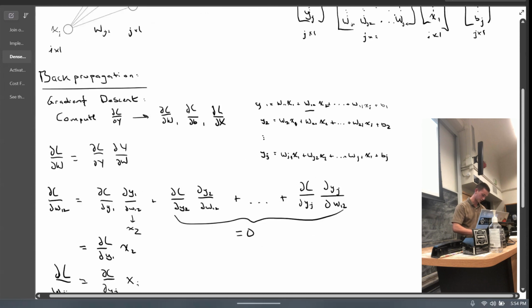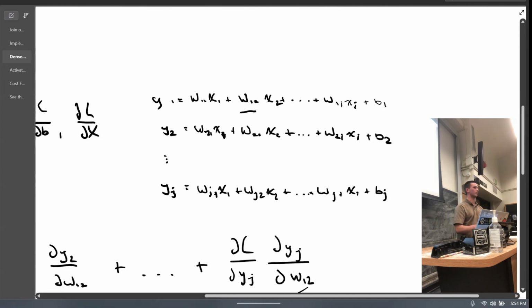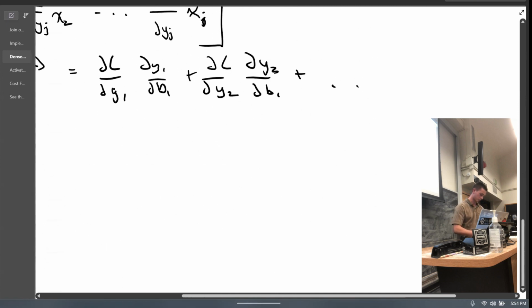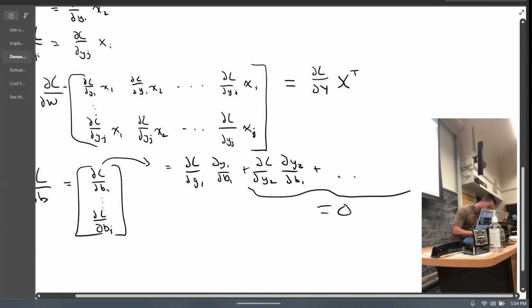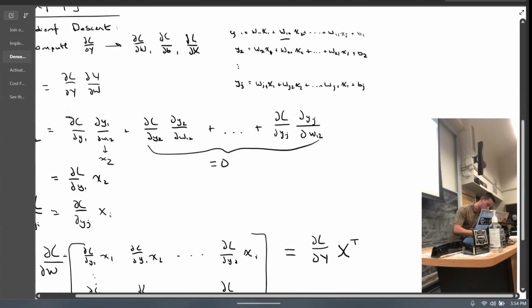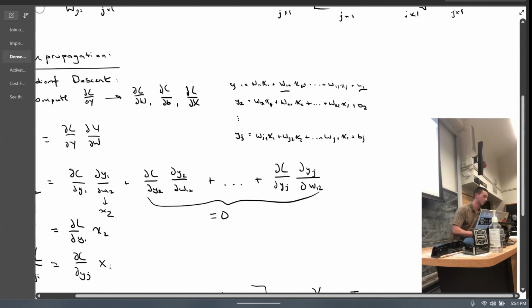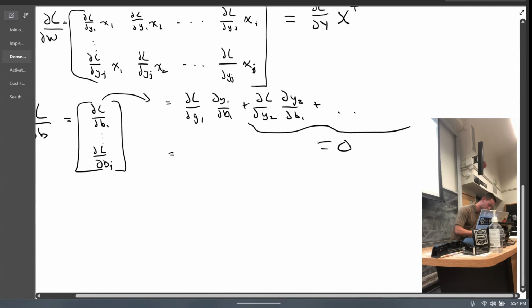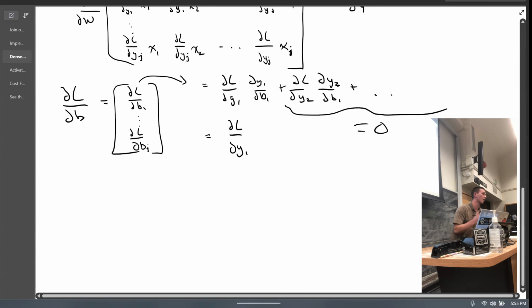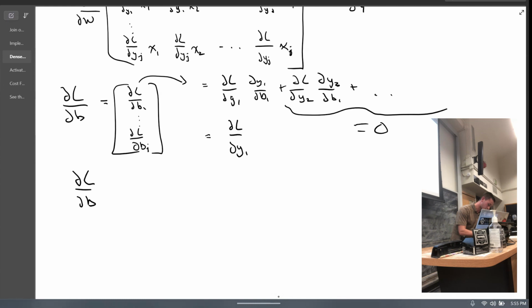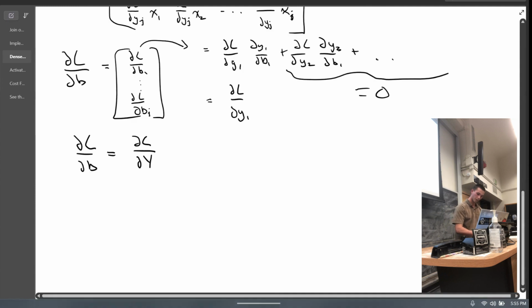Looking back at this equation, the only Y variable that depends on B1 is Y1, so all these go to 0. And what is the derivative of Y1 with respect to B1? That's just 1. So the derivative of the cost function with respect to B1 is just the derivative of the cost function with respect to Y1. So partial C, partial B is just equal to the derivative with respect to Y.